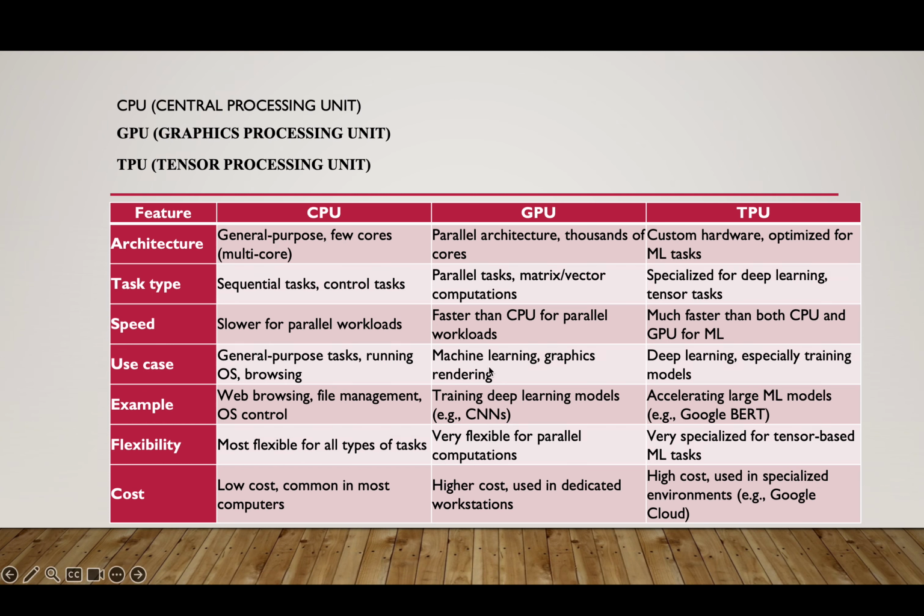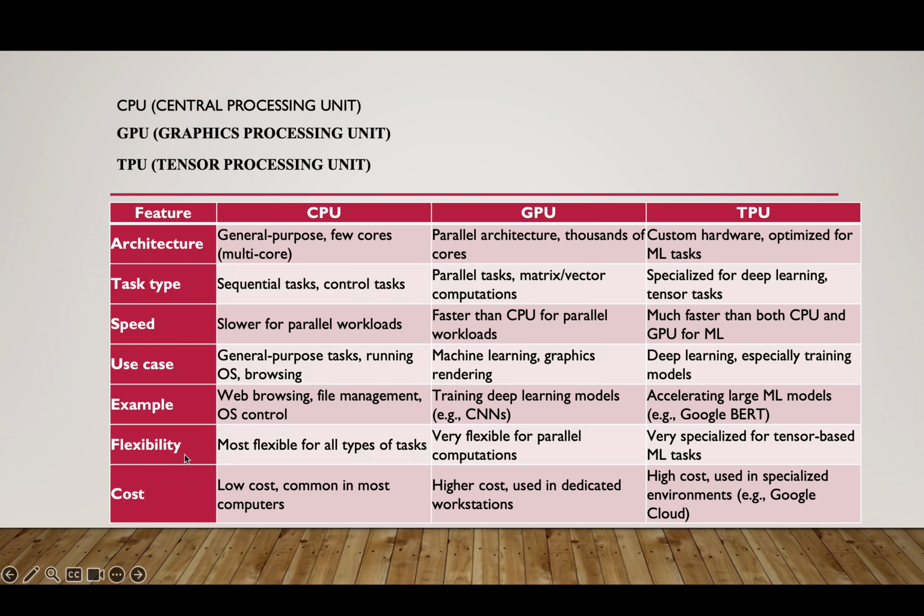Then come the examples. Typical CPU uses are web browsing, file management, and operating system control. From the GPU perspective, training deep learning models such as CNNs, and accelerating large language models like Google BERT.